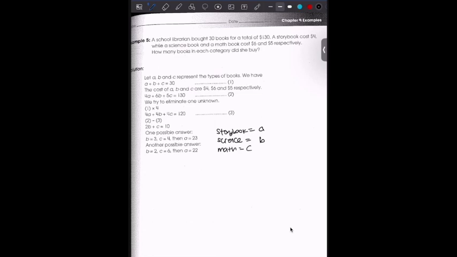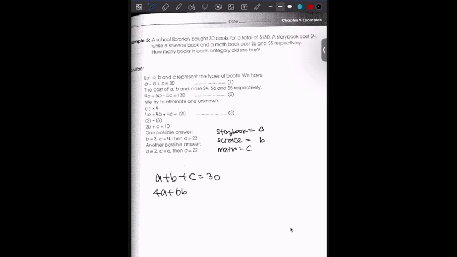Then we have 30 books in total, so A plus B plus C is 30. Then we know that storybook is $4, so 4A, which is the cost to buy a number of storybooks. And then science book is $6, so we have 6B.